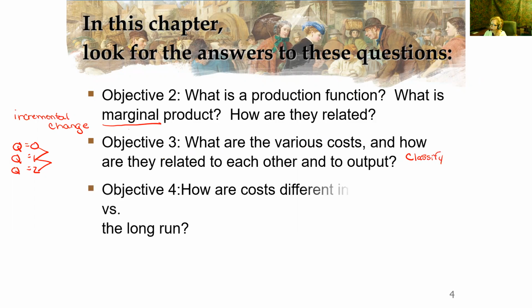Then we're going to take a look at how costs differ, both in the short term and long term, and we'll see that it really deals with the idea called economies of scale. So that's a big broad overview of what this particular unit looks at.